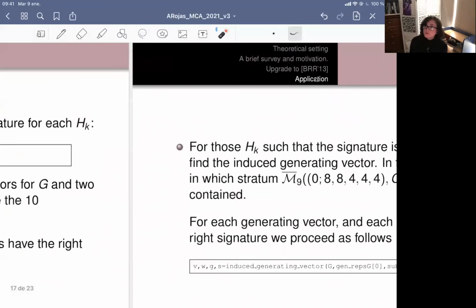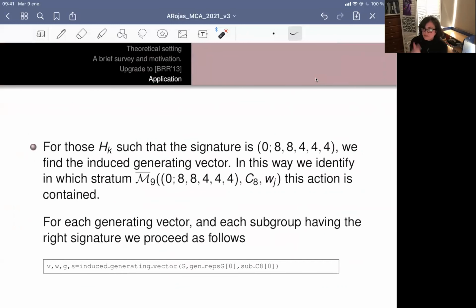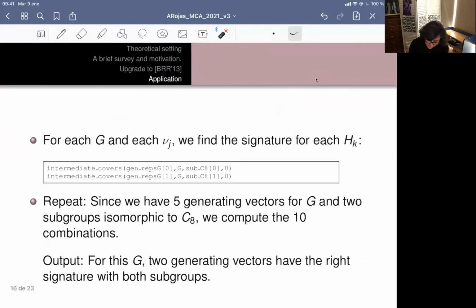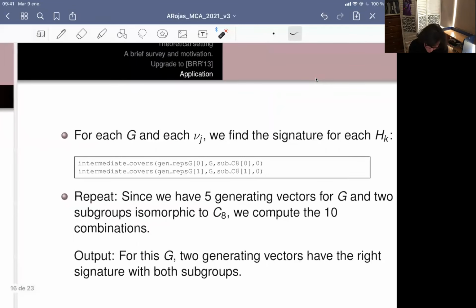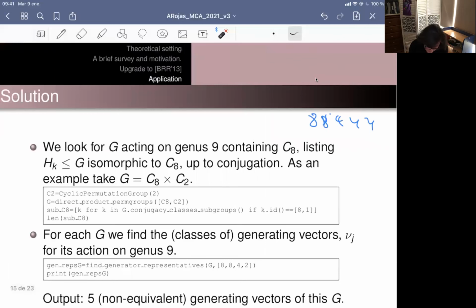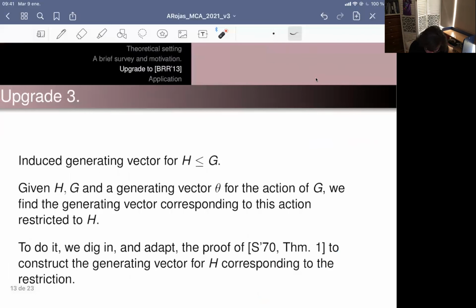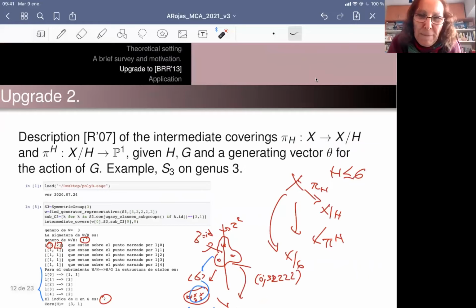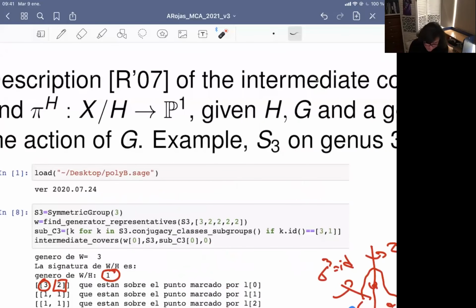So you enter the order and the number of the group in the small group database. But there are different ways of entering. Here, for instance, you can enter the symmetric group as its own command. And then you can play with our routines. This is Sage, and this is ours. So this is ours too.